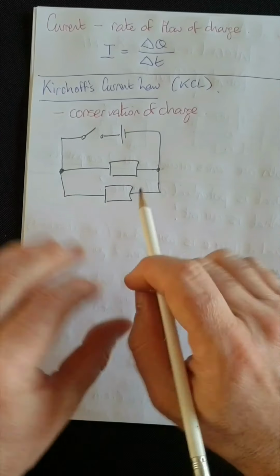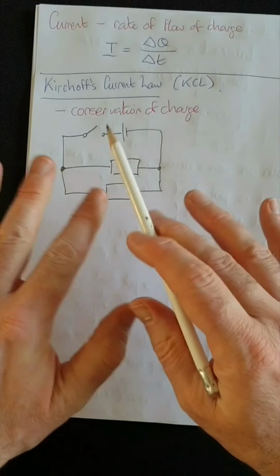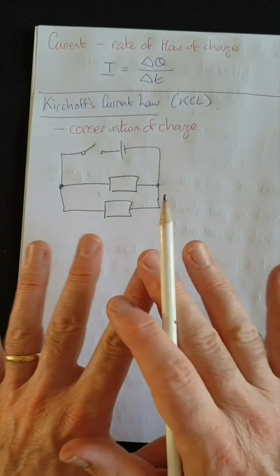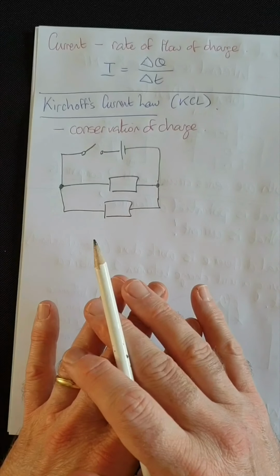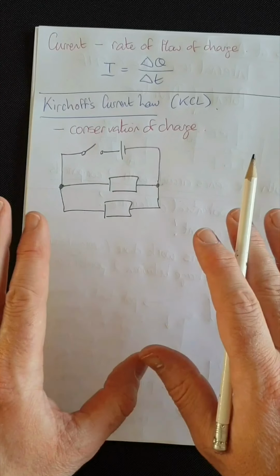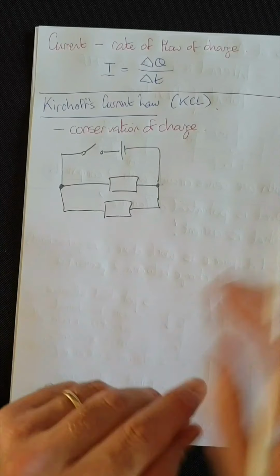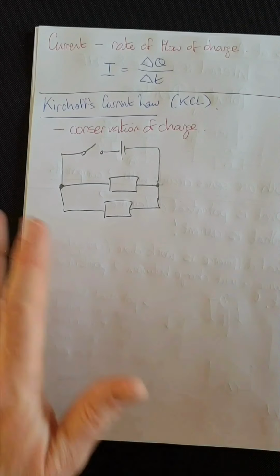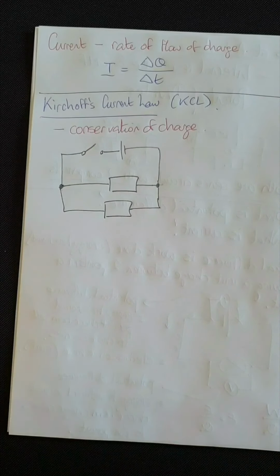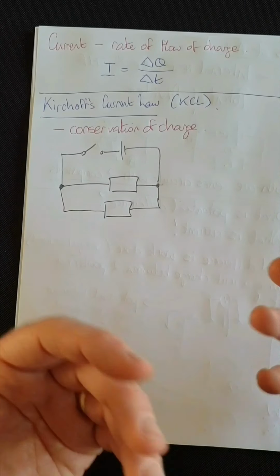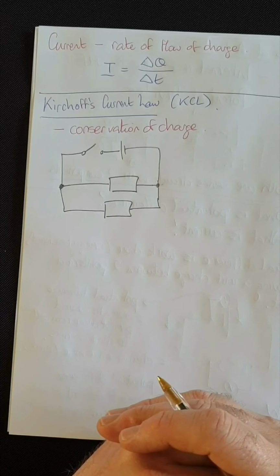Now there's a certain number of electrons inside these objects, and that number of electrons won't change when the circuit is operating. And because the number of electrons doesn't change, then the number of charges won't change, because the charges are on the electrons. So from conservation of charge, we expect that whatever happens inside this circuit, we can't add charge, or take charge away just through the operation of the circuit.